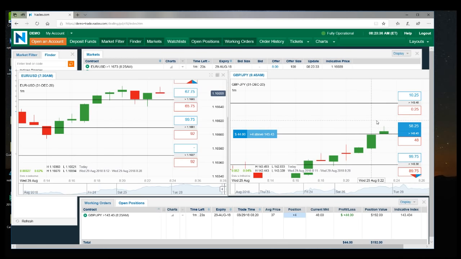And these premiums do change very, very quickly. And you can see that just from the profit and loss here.